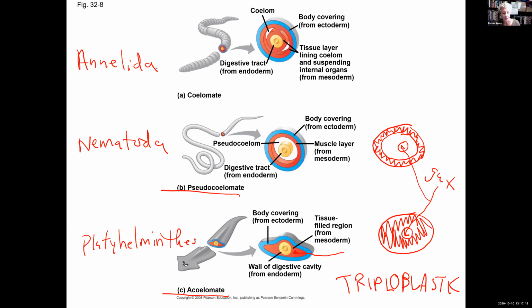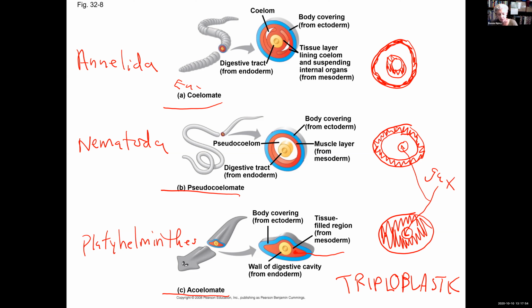Right, it's going to have a true coelom. So sometimes this is not just coelomate, but eucoelomate. It has a true coelom, and that is going to be, we have the ectoderm, and we have the gut, and we're going to have a little layer of mesoderm around the gut, and we're also going to have a layer of mesoderm inside the ectoderm.